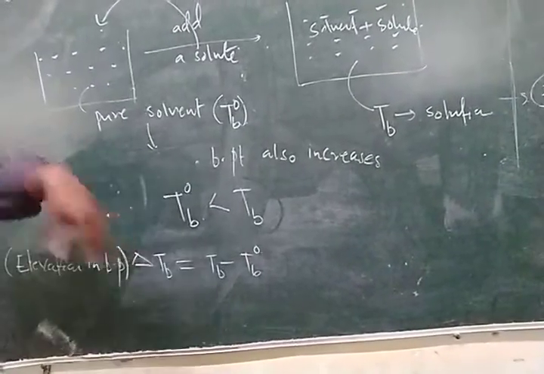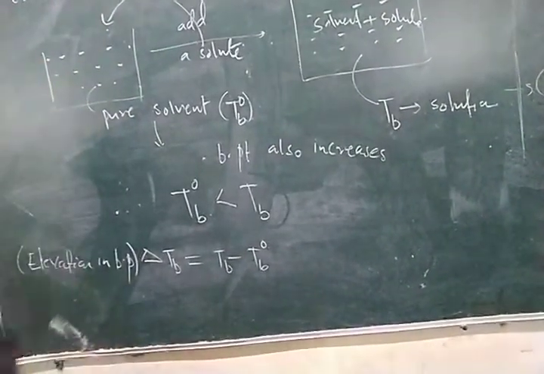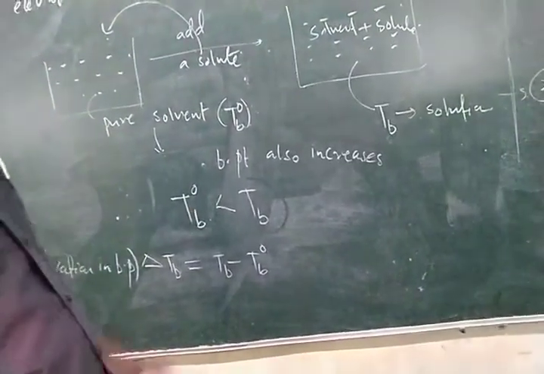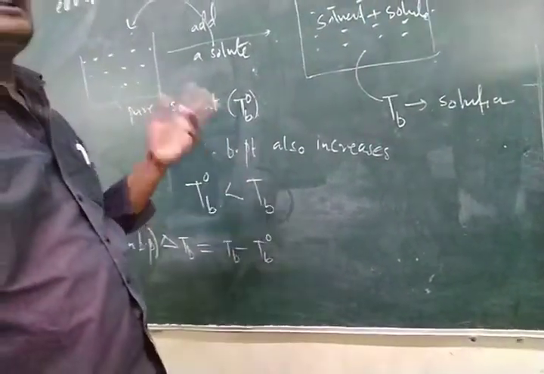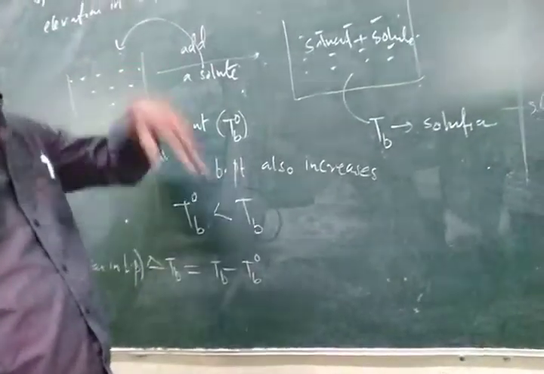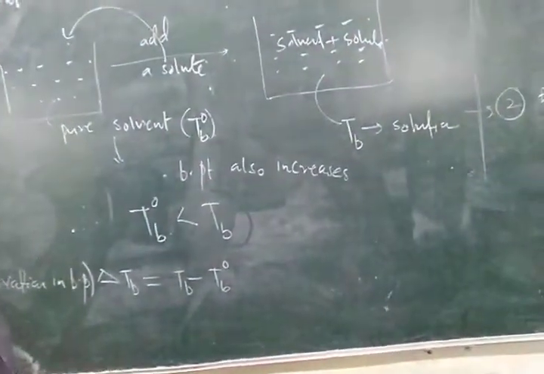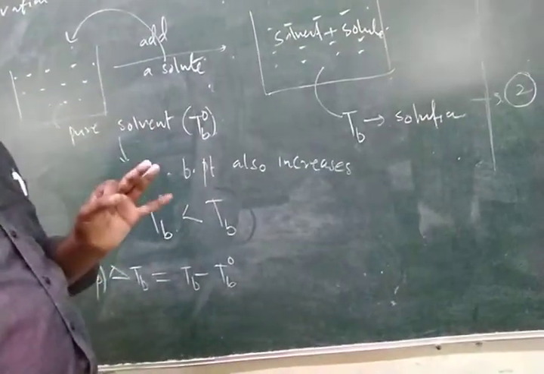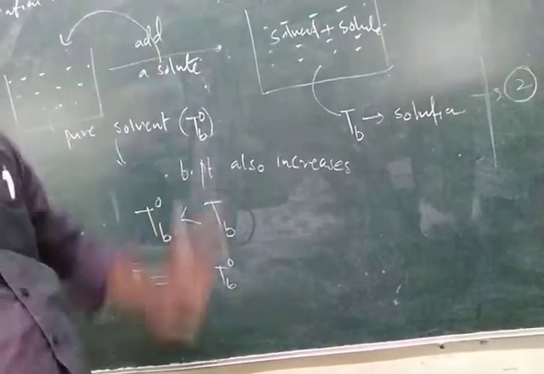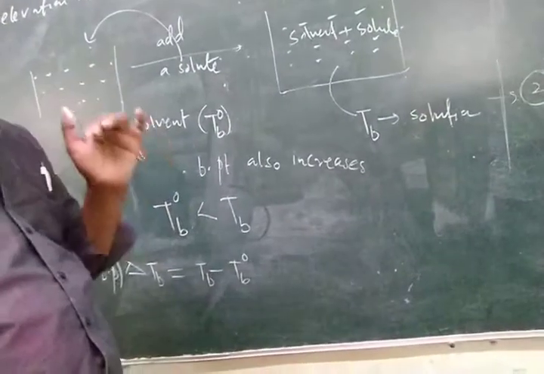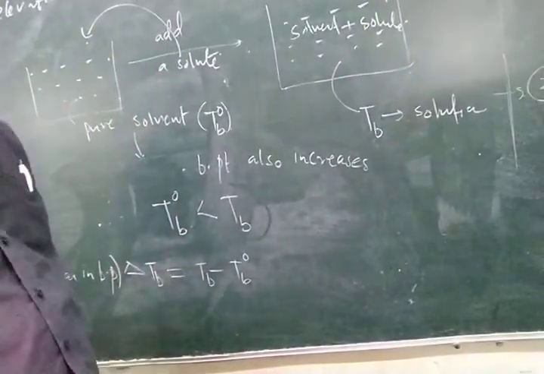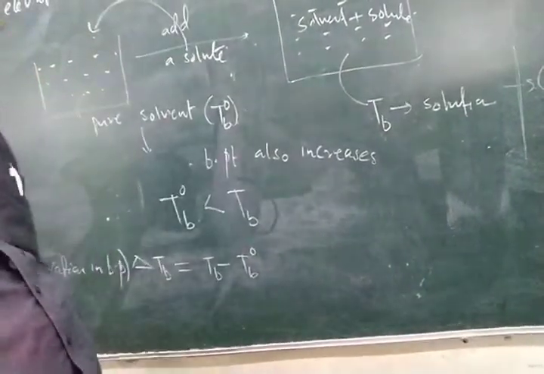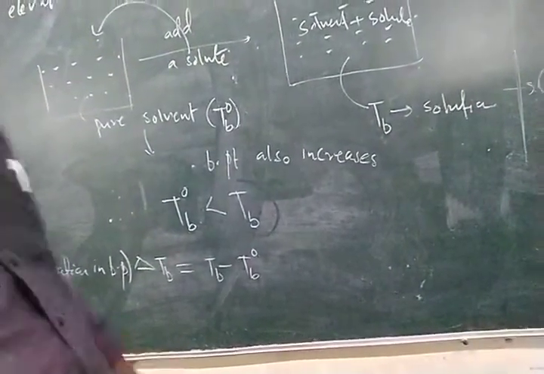Here boiling point depends on pressure. Why? Because boiling point means the temperature at which the vapor pressure of the solution is equal to atmospheric pressure. So as the vapor pressure of the solution increases, the temperature also increases.